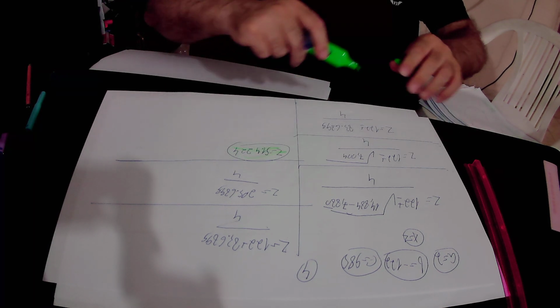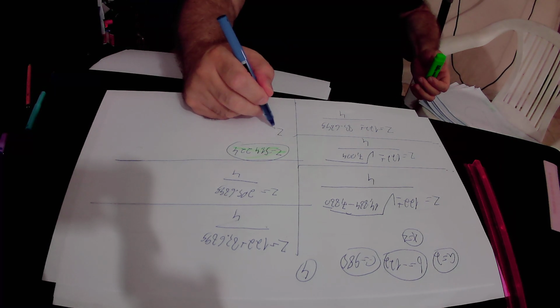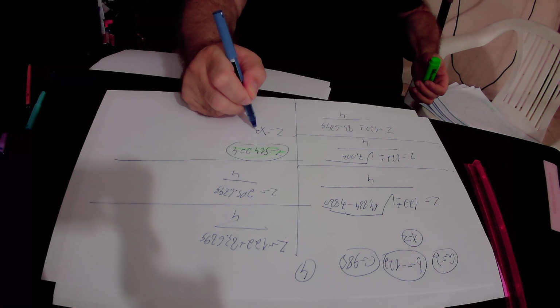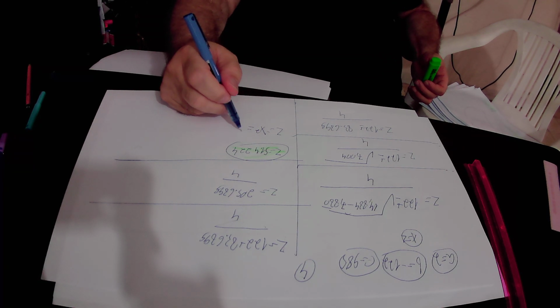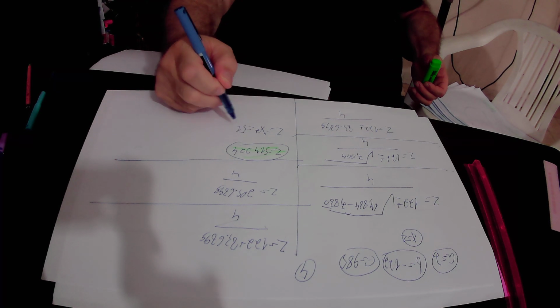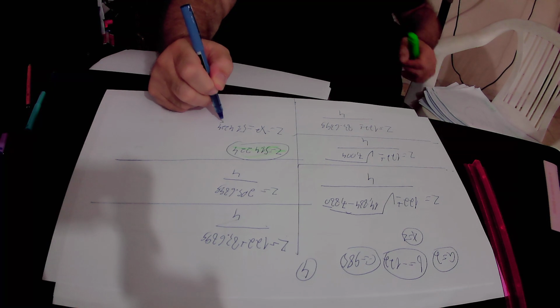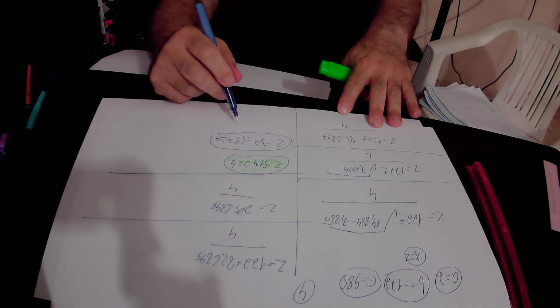z, according to our definition, is equal to x squared, and we just found that z also equals 51.4224. So we use this equation in order to find the value of x.